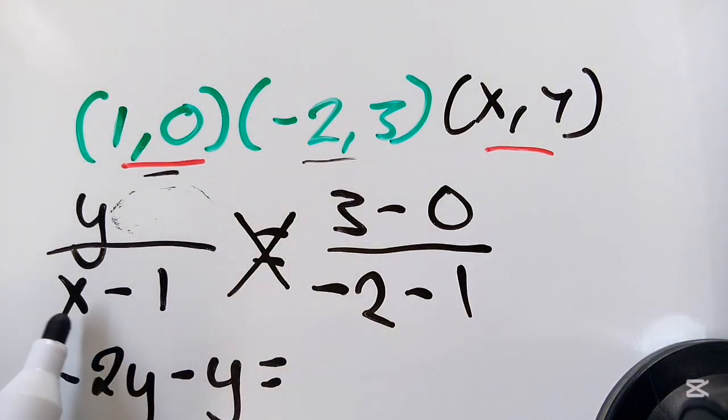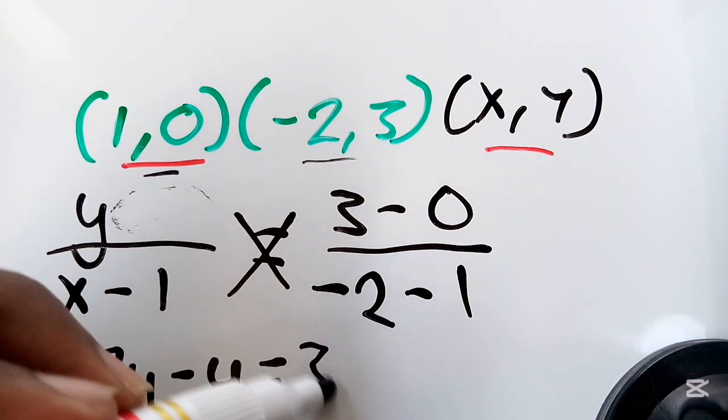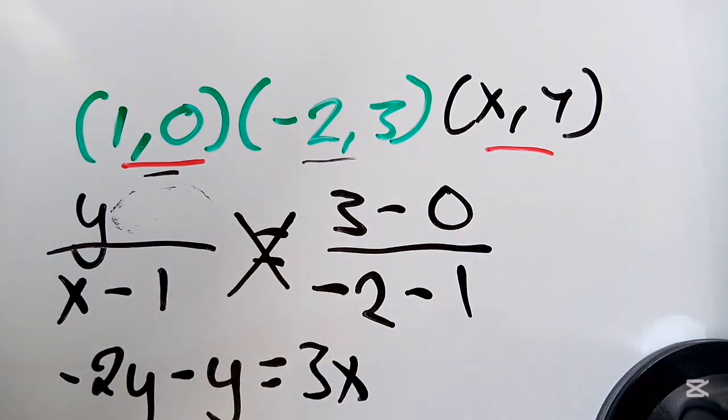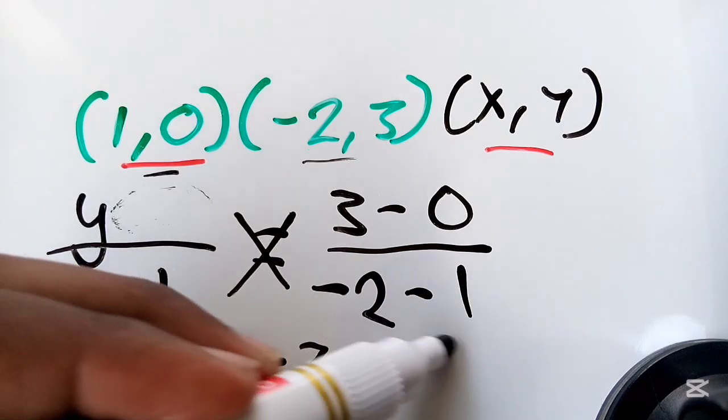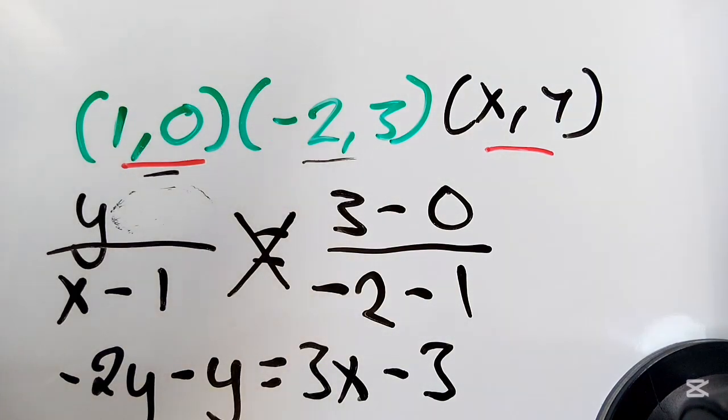We're going to say x times that, it will be 3x. x times 0 is 0. Negative 1 times 3 is negative 3. Negative 1 times negative 1 times 0 will be 0. So we're going to have negative 2y minus y is equal to 3x minus 3.